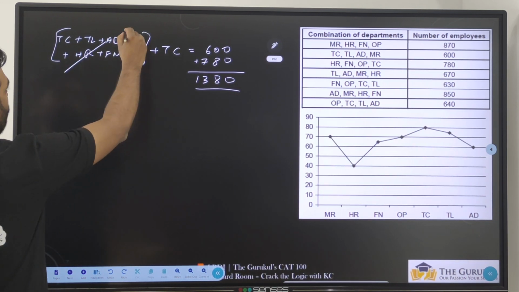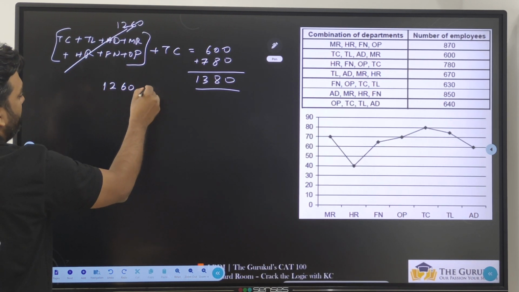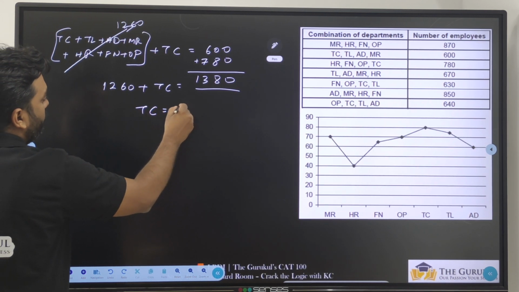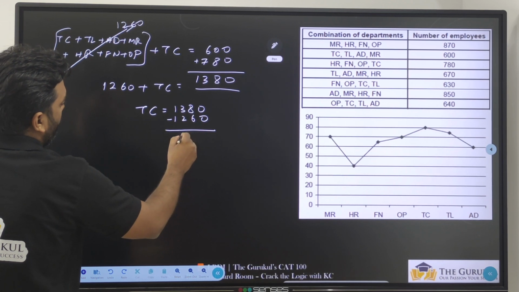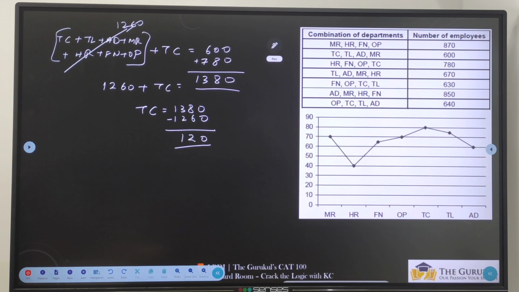But I already know this total value is 1260. So 1260 plus TC equal to 1380. TC value will be equal to 1380 minus 1260, which is 120. What is that 120? 120 is the total value of TC.